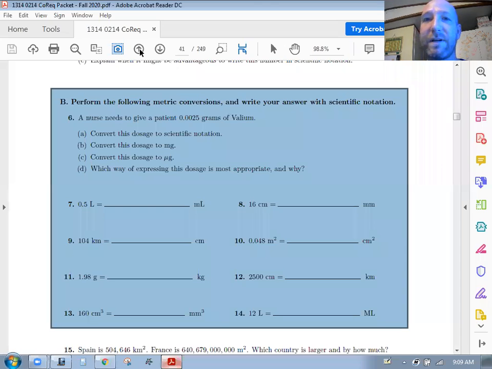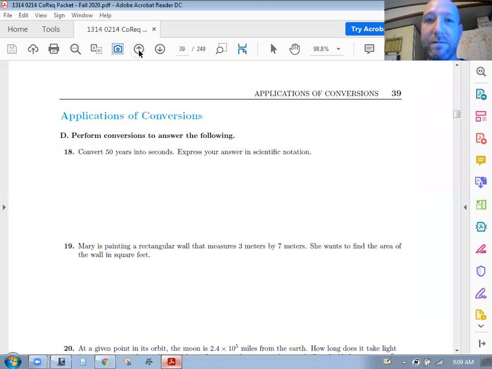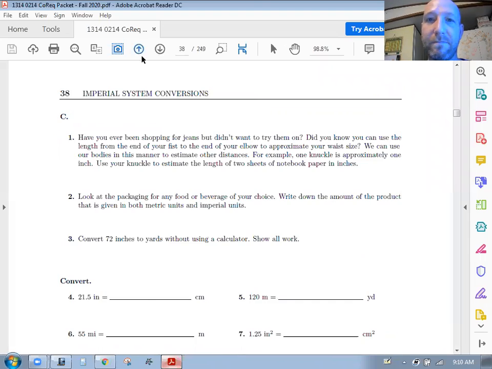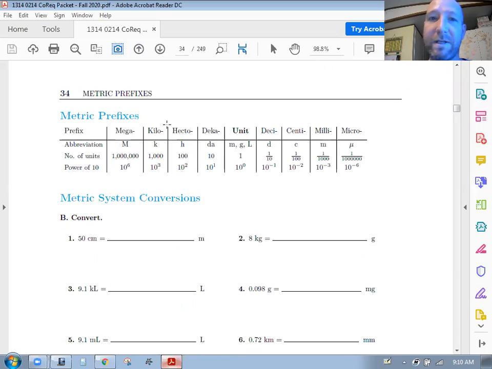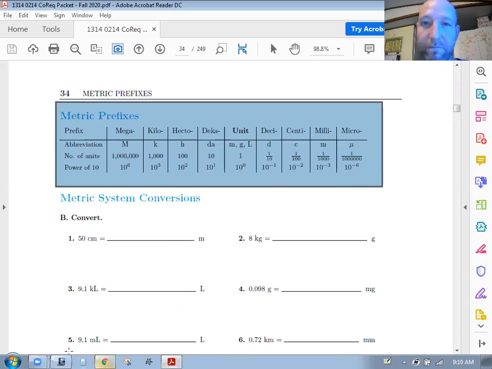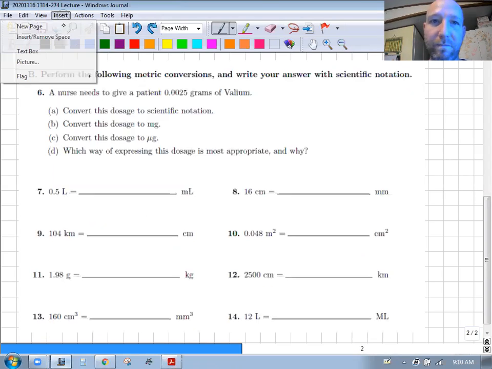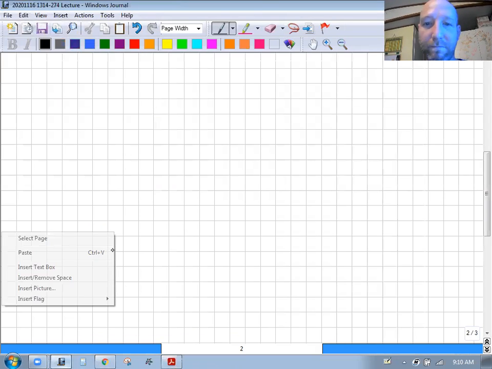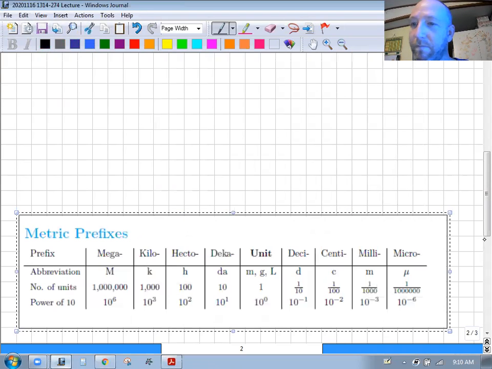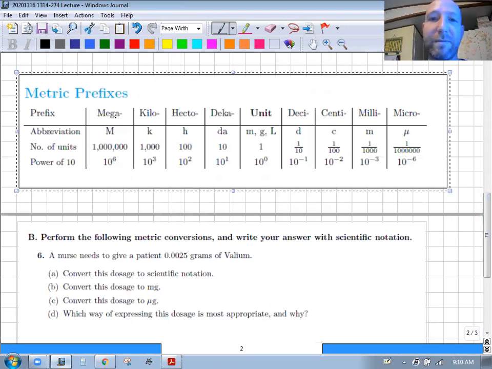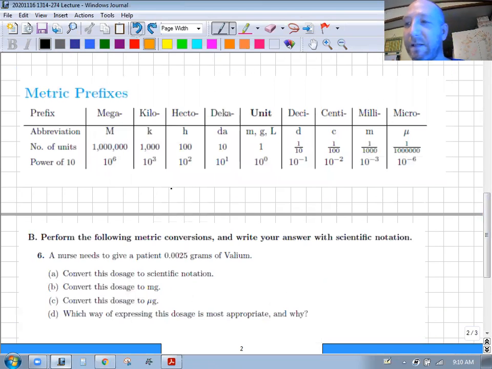So let's see if we can find it. There it is. Where's that capital M? Yeah, mega. It's 10 to the 6th.